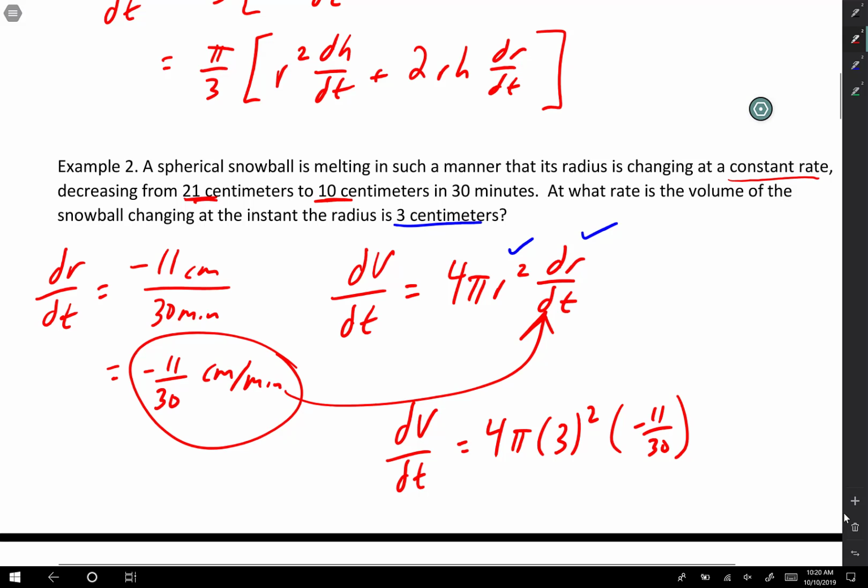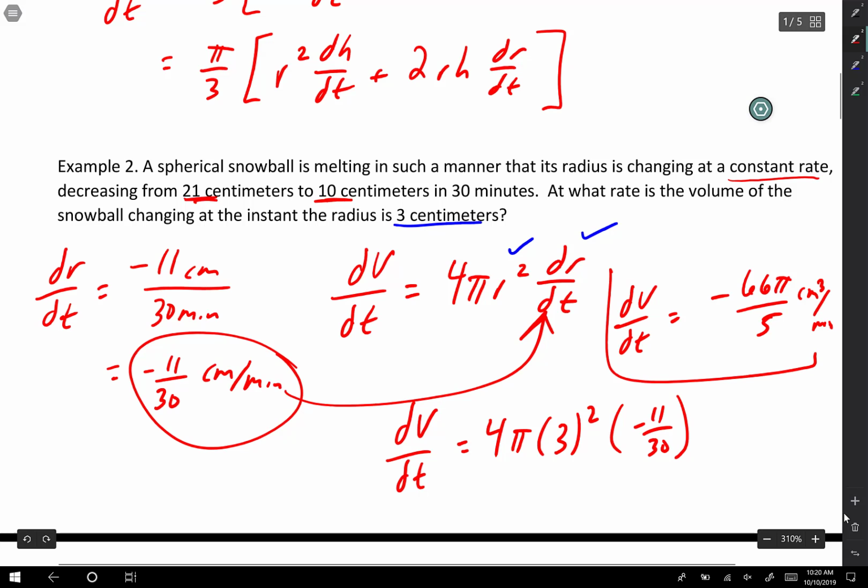So when you take your mass fraction, it's going to come out like this: dV/dt is negative 66 pi over 5, and if you need units, it's cubic centimeters per minute. And that's it. How do we feel, guys?